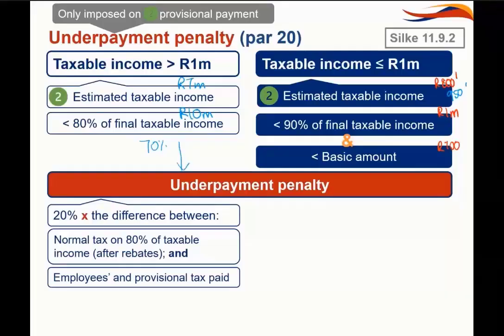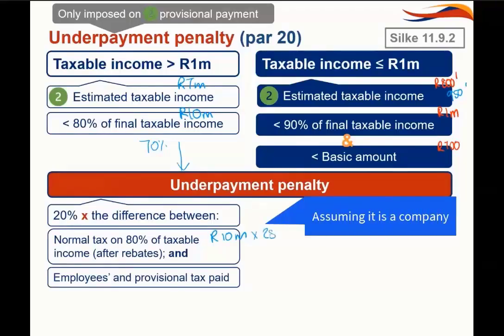Now, when we're working out the actual penalty, okay, you need to change gears a bit. It says normal tax on 80%. Okay, so what does normal tax mean? Okay, my taxable income should have been 10 million. Normal tax on that would be 28%. So that's 2.8 million, right?